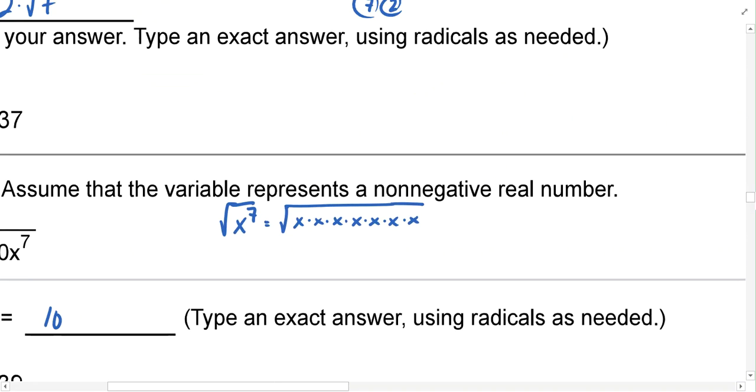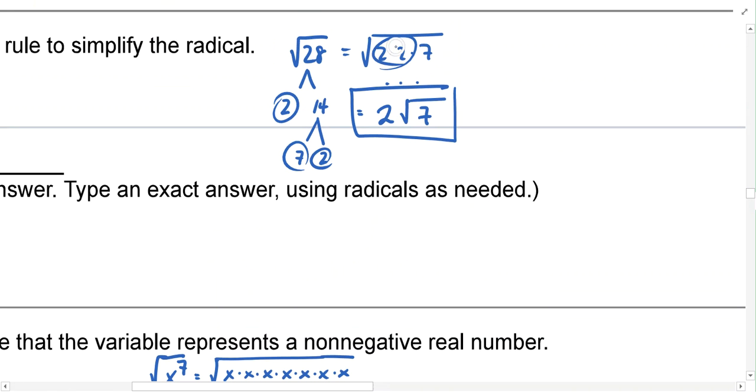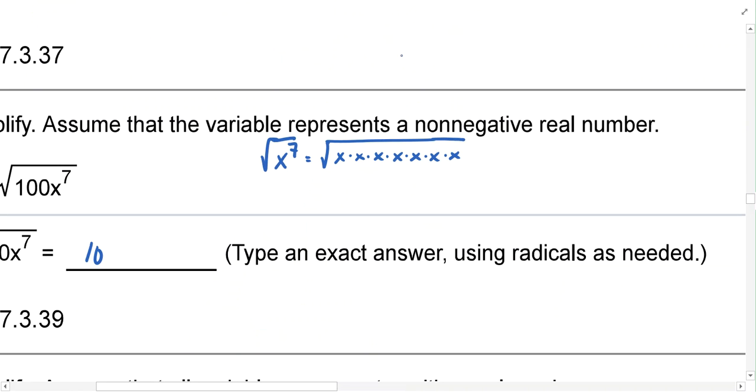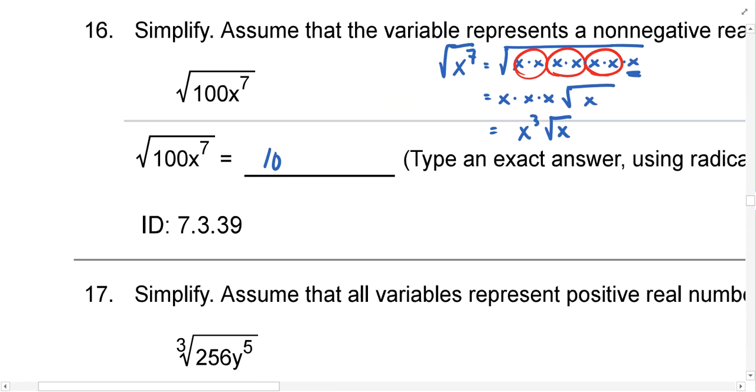And if I use the notion from before that every time that I see a pair of values on the inside of a square root, that turns into a single copy on the outside of the square root, well, here's a pair, here's a pair, here's a pair. So that looks like 3 x's will move to the outside of the square root, while 1 x remains inside, and 3 x's multiplied together could be written as x cubed, and the x remains on the inside of the square root.